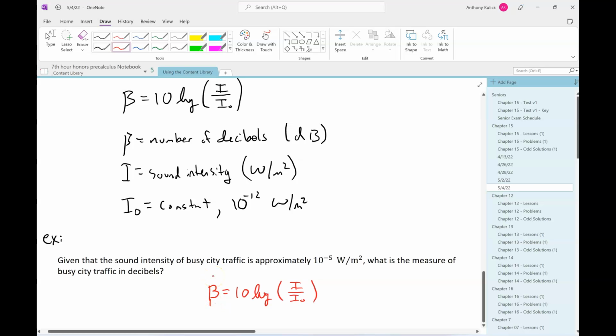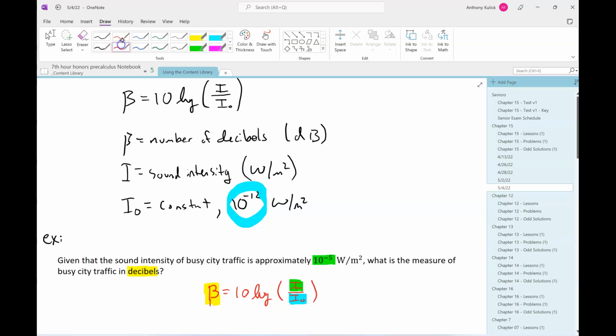What are we looking to find in this equation? Yeah, the decibels, so we're looking for the beta here. Good. And what are we going to plug in for I? The 10 to the negative fifth. And what is I naught then? Yeah, the constant, 10 to the negative 12.